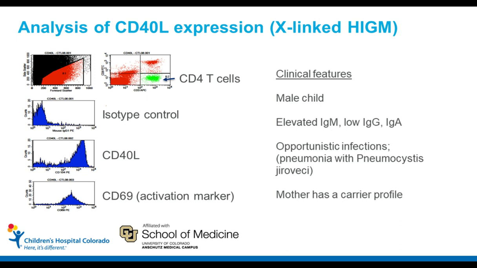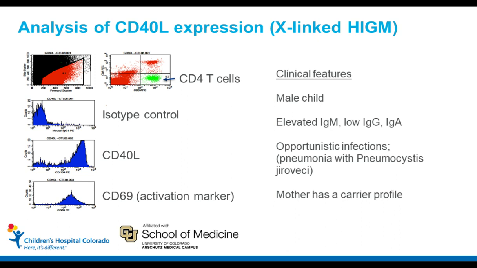Taking these CD4 T cells, we then look for specific expression of CD40 ligand, which is shown in these histogram plots below. The top one shows an isotype control, which doesn't show specific staining for CD40 ligand. The middle one is specific for CD40 ligand, and most importantly, we use an activation marker, CD69, to indicate that the T cells have activated.